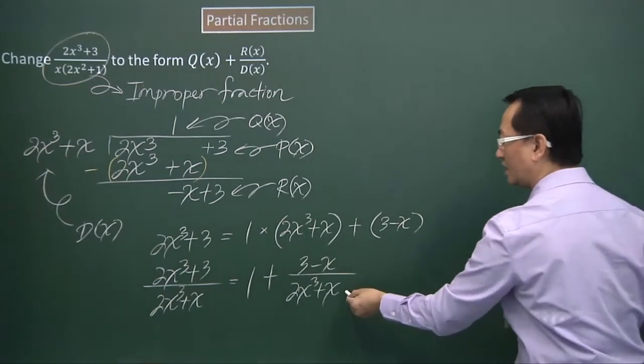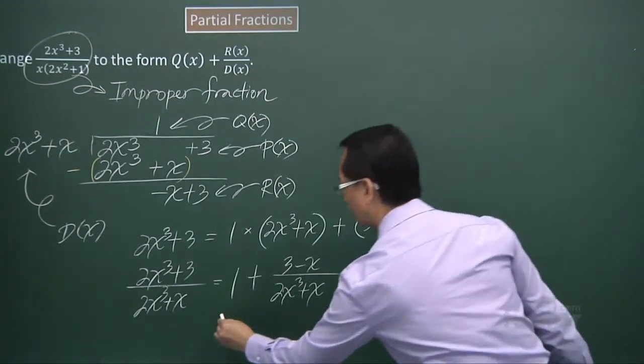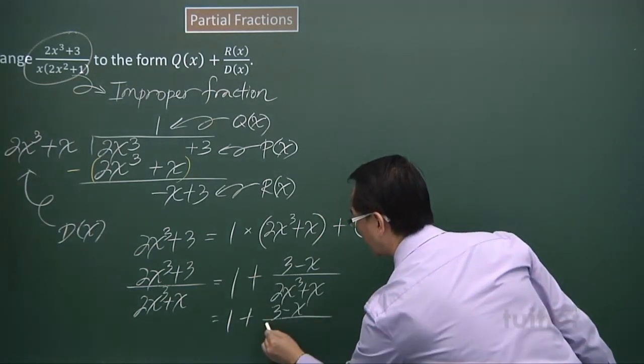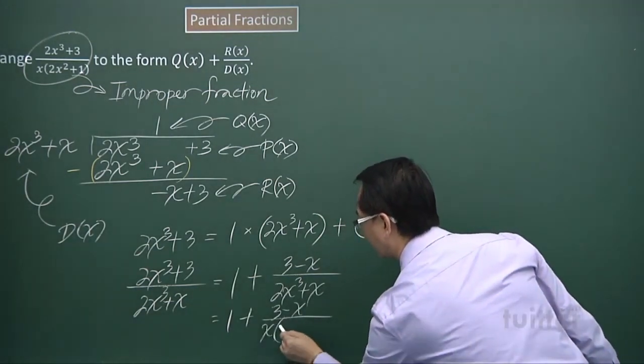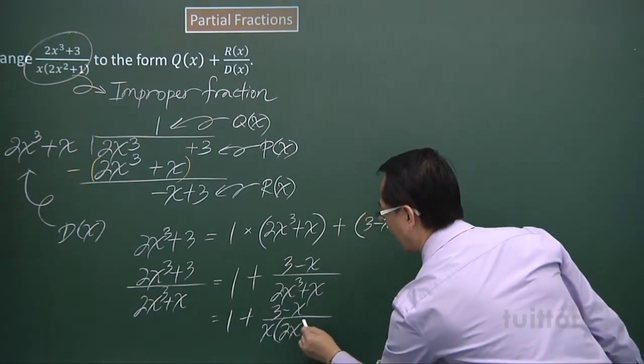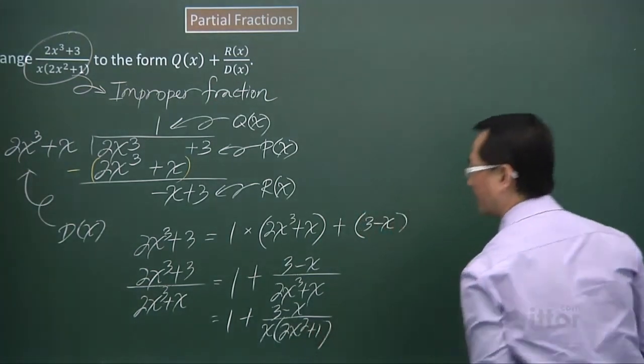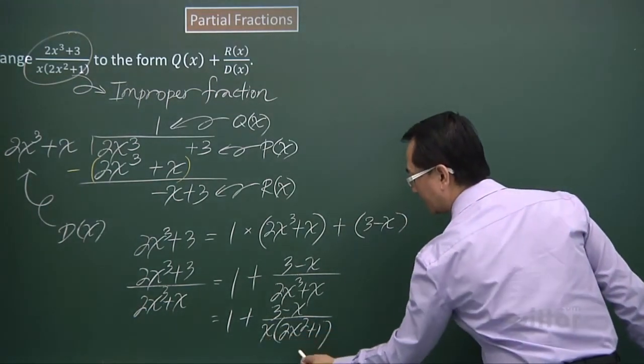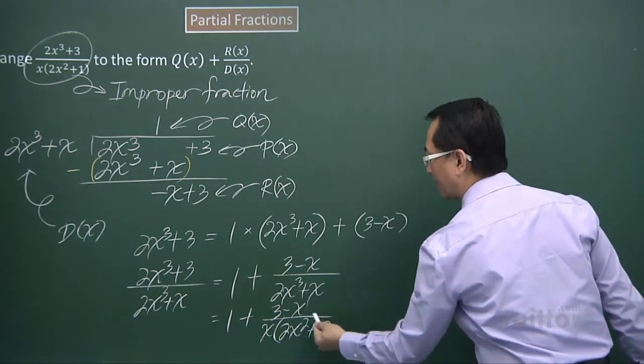And that can be split up to what I had at the beginning, which is just x bracket 2x squared plus 1. So you can see this is a linear factor and this is the quadratic unfactorizable factor.